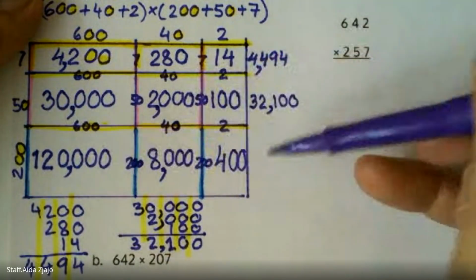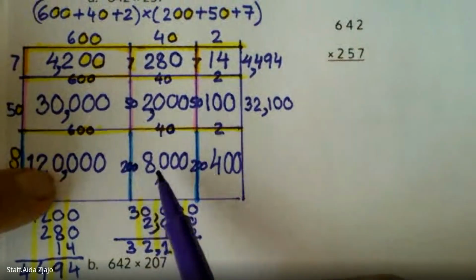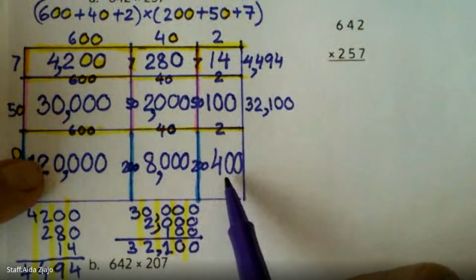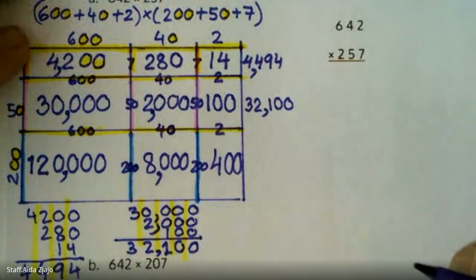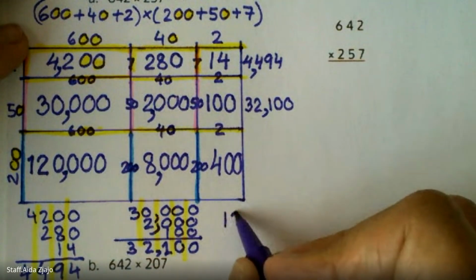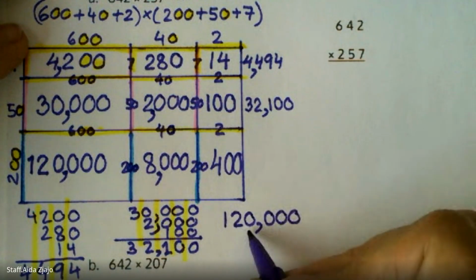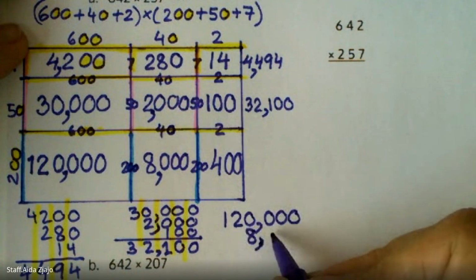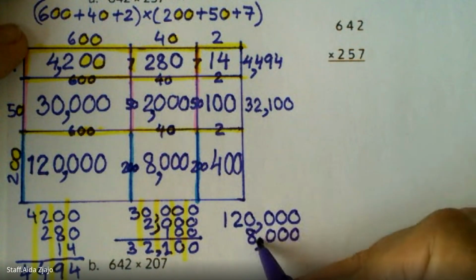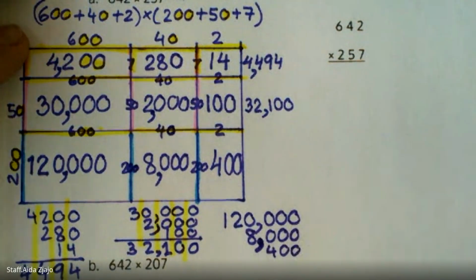And then the last area, it would be 120,000, 128,400. You can do it mentally once you practice, but if you don't know, it's okay to add 120,000 plus 8,000 and plus 400.